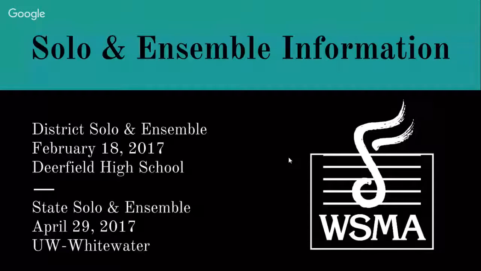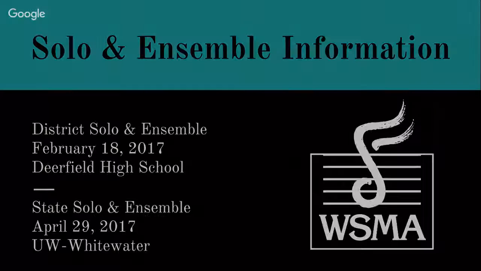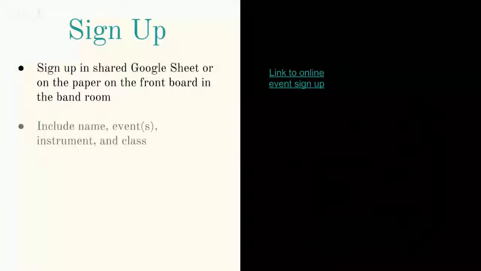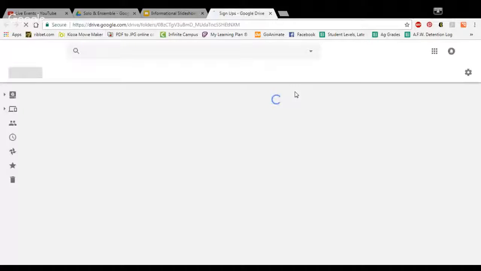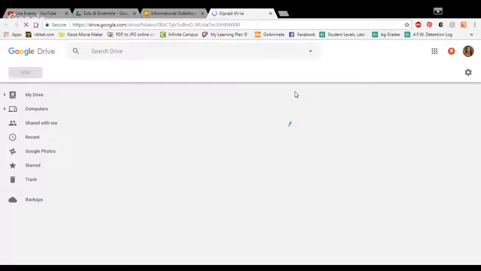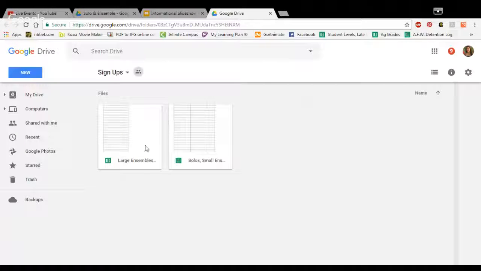As you can see, the first slide includes the dates for both the district and state festival. The next slide has event sign-up information, including a link to the Google Sheets files that I previously shared. Look familiar?